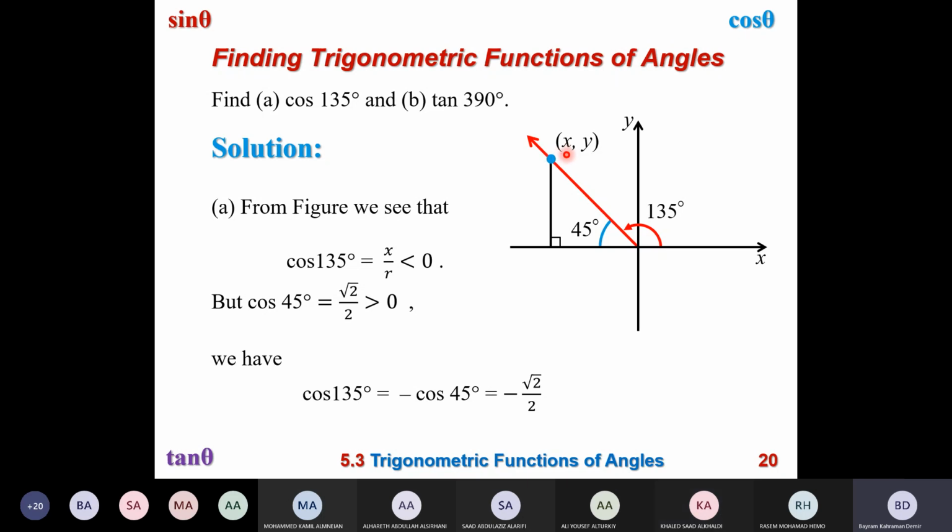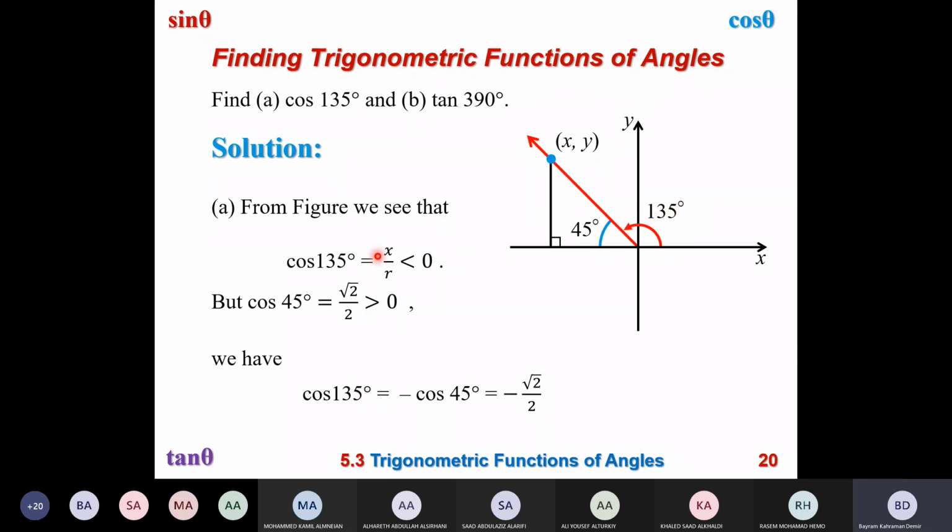Yes. But in this case, if I know the reference angle, and if the reference angle is something we know, like 30, 45, 60, then I don't need to use the point on the terminal side. I'm going to use the trigonometric values of 45 to calculate the trigonometric values of 135.